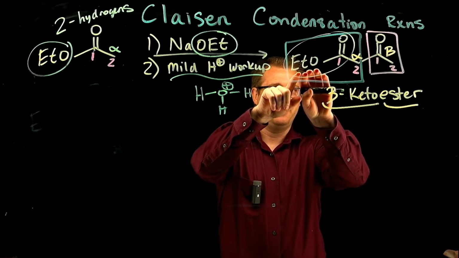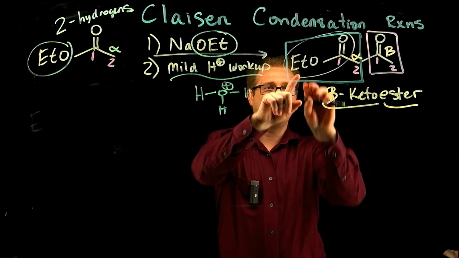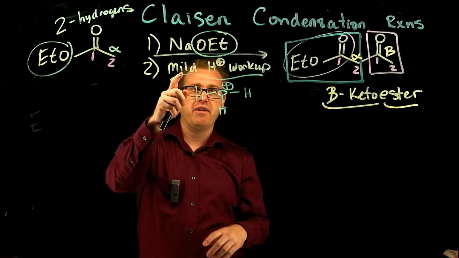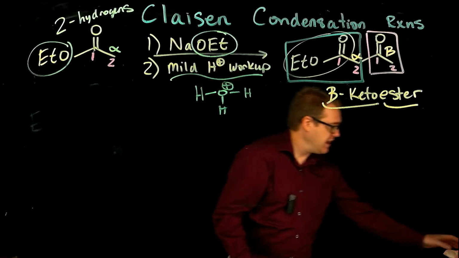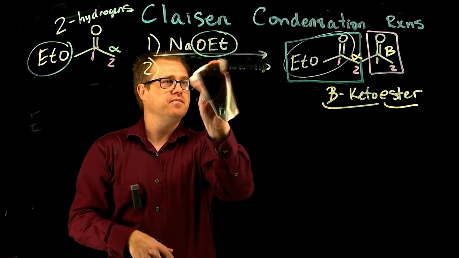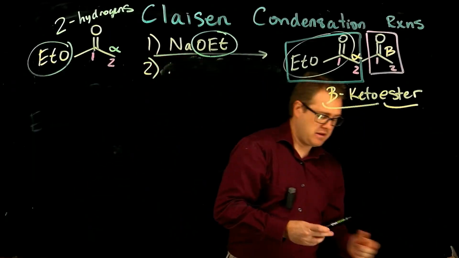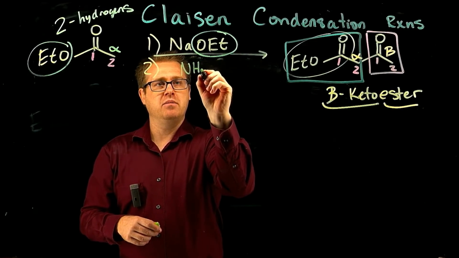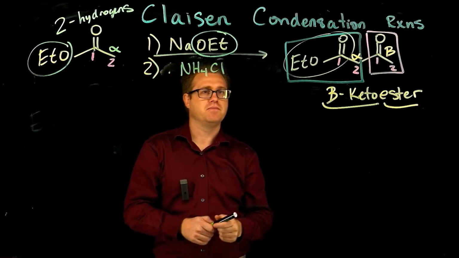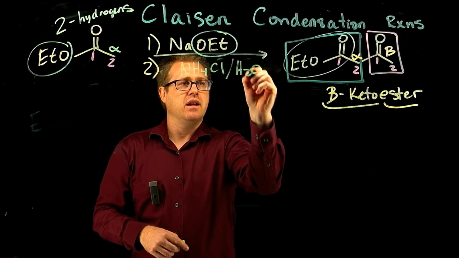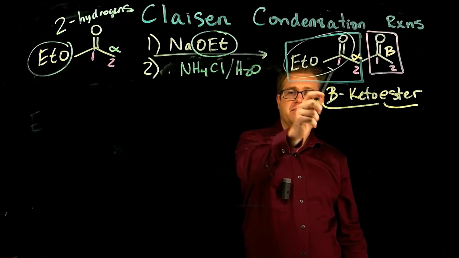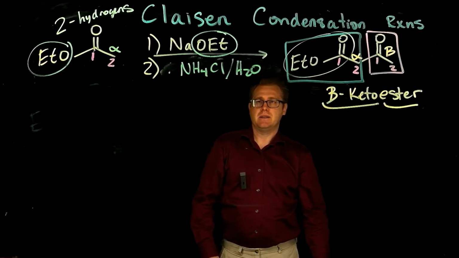We want the ester. You don't want to turn that into a carboxylic acid. So what you have to do is use a very mild acidic workup. And the one that chemists typically use, very mild, would be ammonium chloride. Just add a little bit of that salt into some water, and you can do a mild acidic workup to get our product.